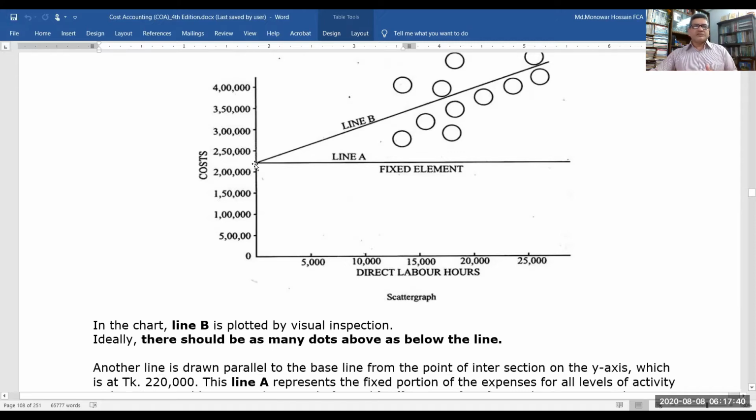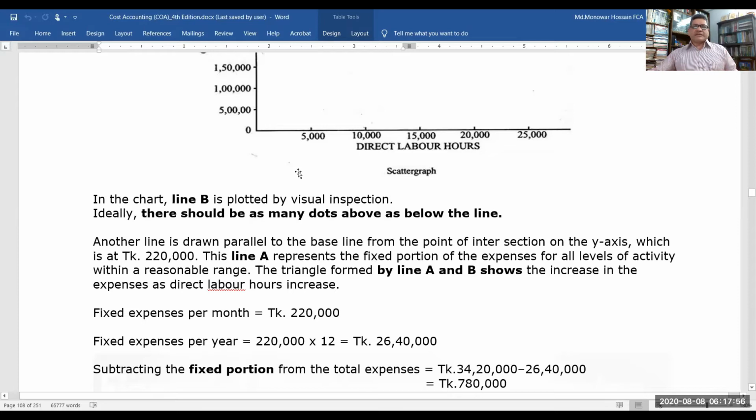Look here, this one. This line A represents the fixed portion of the expense at all levels of activity within a reasonable range. The triangle from line A to B shows the increase in the expenses as direct labor hours increase.